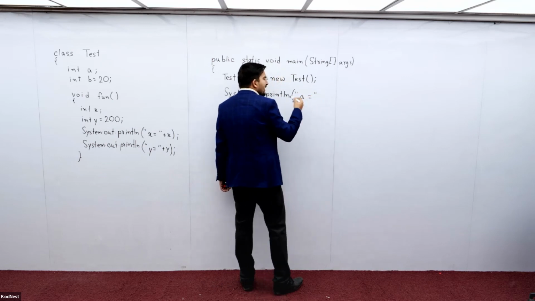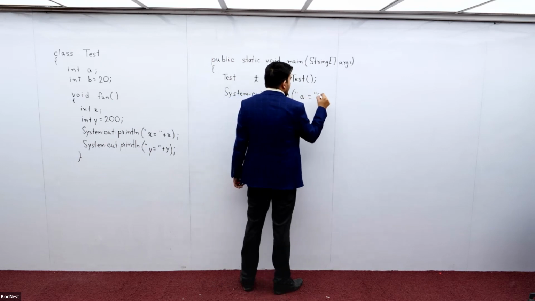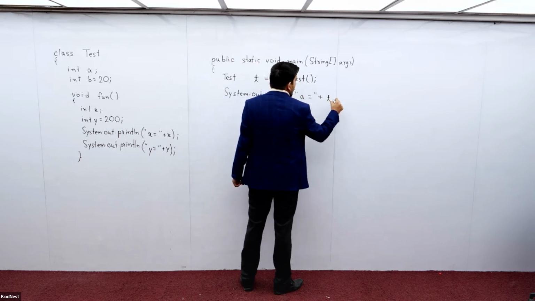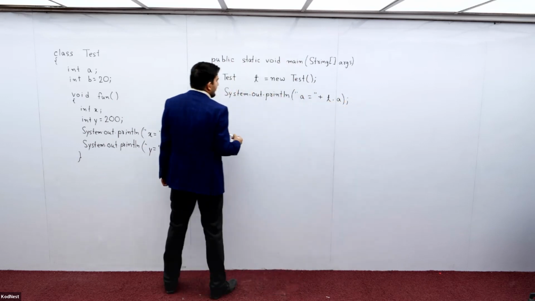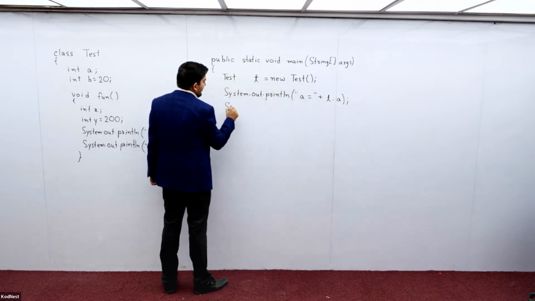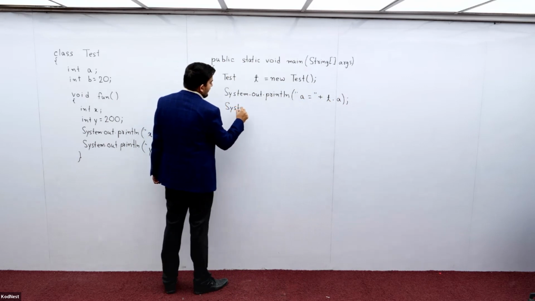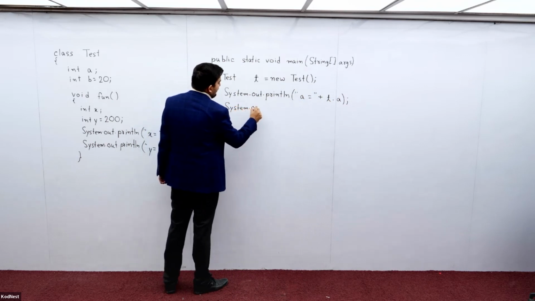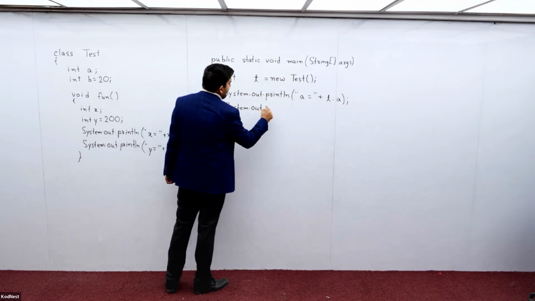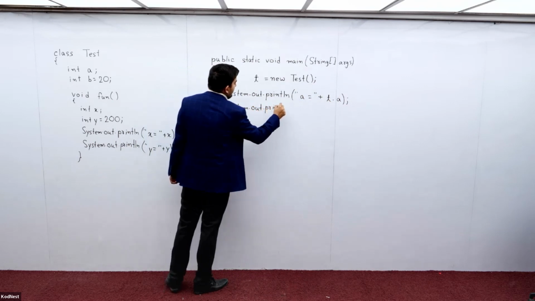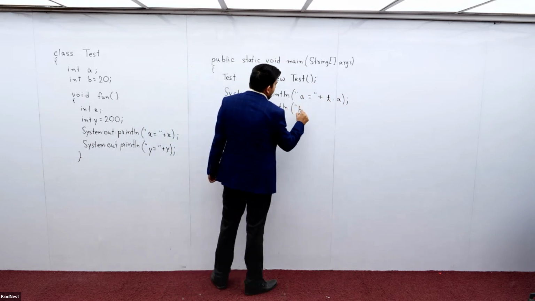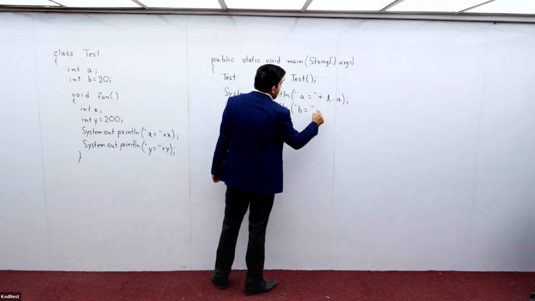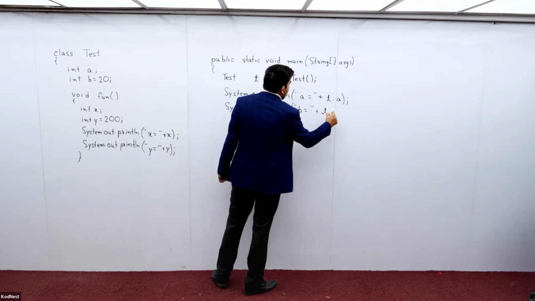Along with this message, I want to attach the value present inside, first of all, t.a. Similarly, I am also going to print System.out.println. Maybe I am also going to print the value of b by saying "b is equal to", and along with this I will attach the value present inside t.b.